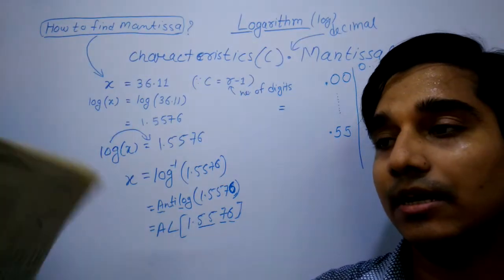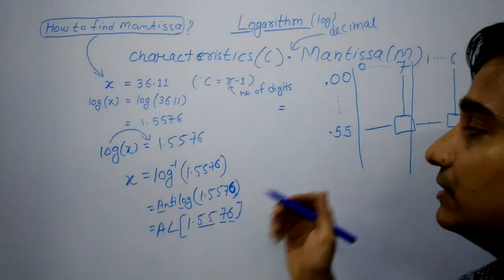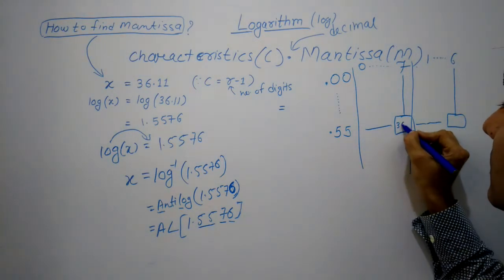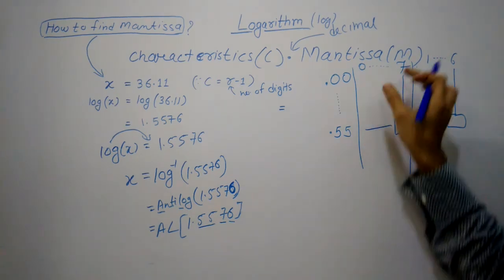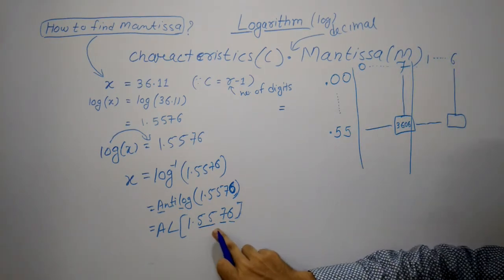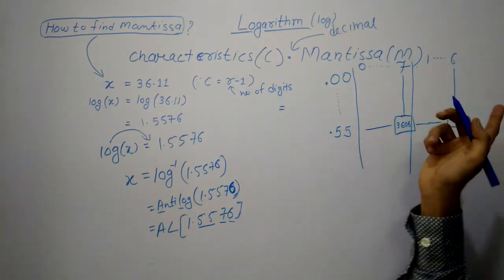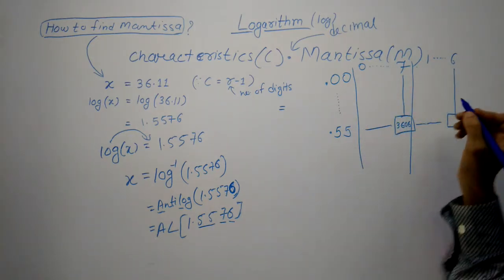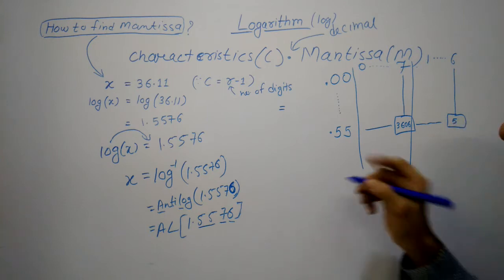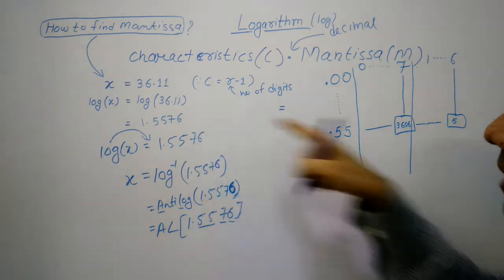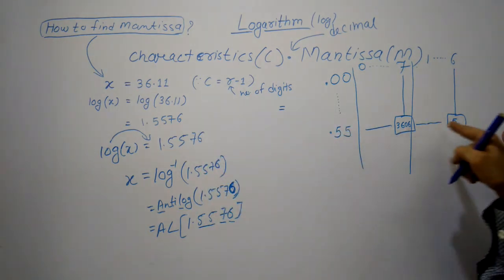So the number is 3606. 3606 is here, which is 55 under 7. In the next column, the mean difference column, the number is 5. As in the previous example, I add this number to this one.